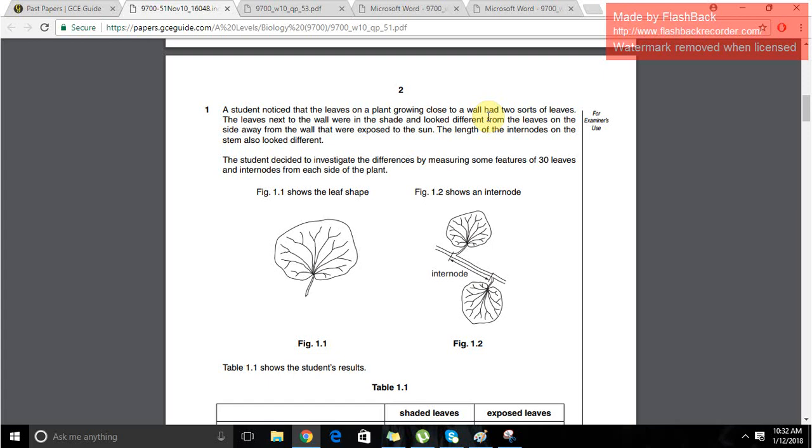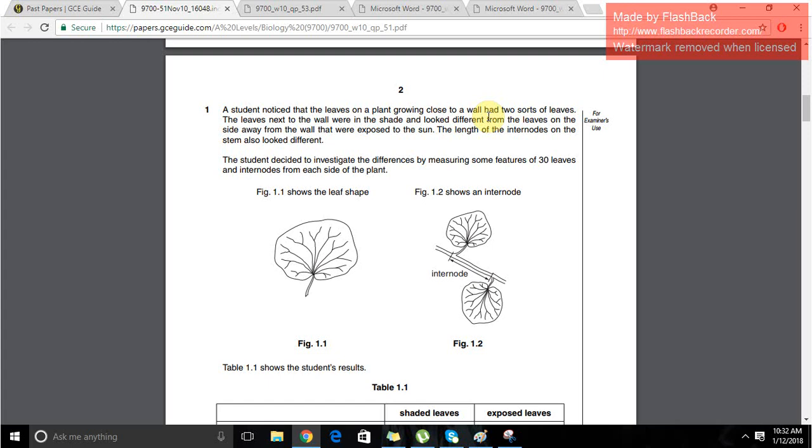So the length of the internodes on the stem also looked very different. So in addition to the appearance of the leaves being different, the distance between adjacent leaves, which was the distance between the internodes, was different for the two parts of the plant that were exposed to different conditions.